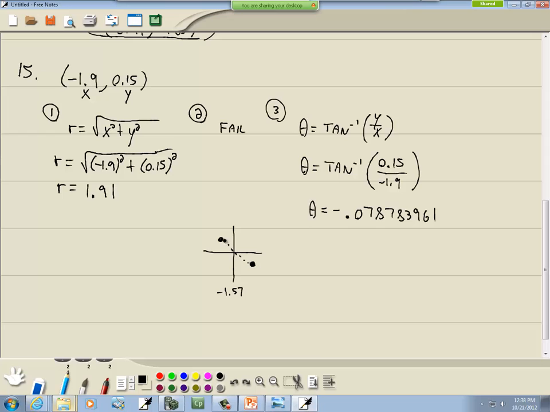So what I want to do is I need to get over to the correct quadrant. So I'm going to add pi. So adding pi will get it over to our correct quadrant. So theta is going to equal that right there, and I'm going to add pi.